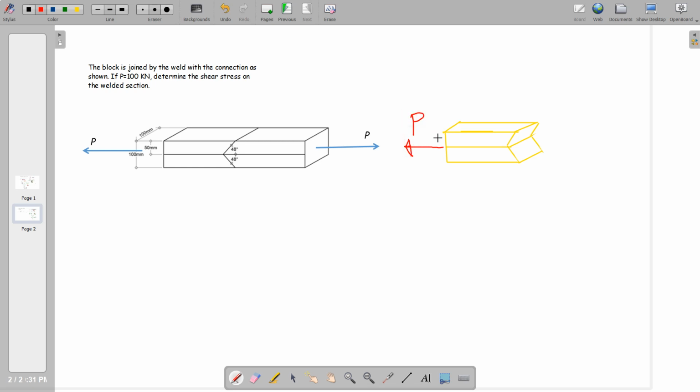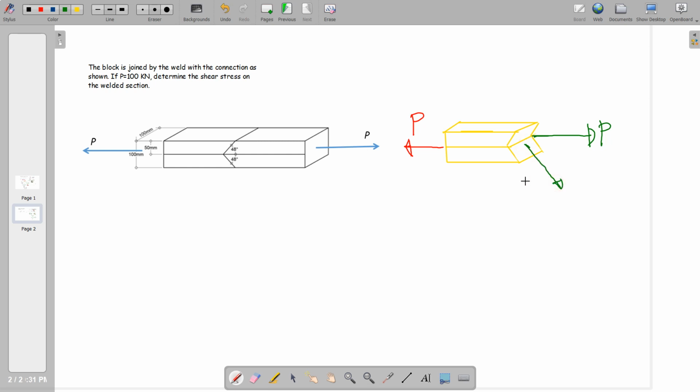Say we have here P. As a counter, the internal force on this will be a P here, the same P here, but it will just be distributed on the surface of these joinings.